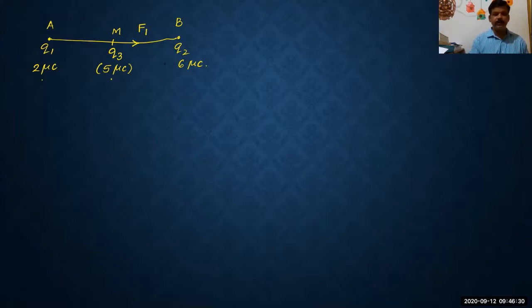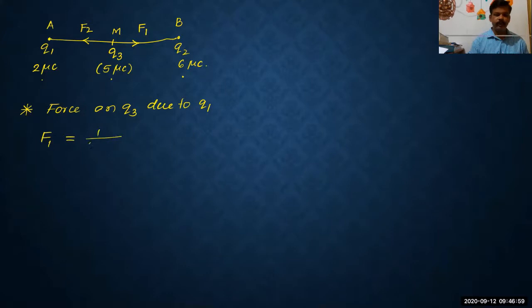Similarly, Q3 experiences the force due to Q2. As both are again positive charges, it also experiences a repulsive force, that is F2. So at first you have to calculate the force on Q3 due to Q1, which you call F1.